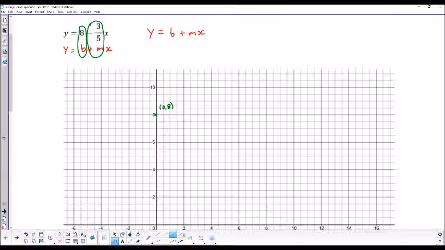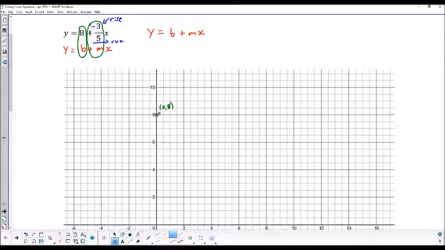Remember that slope is rise over run, and we're always going to run to the right, which means that the negative sign goes with the 3 to make it negative. The equation is y equals 8 plus negative 3/5 x. So when we rise, we're actually going to rise down because it's negative.